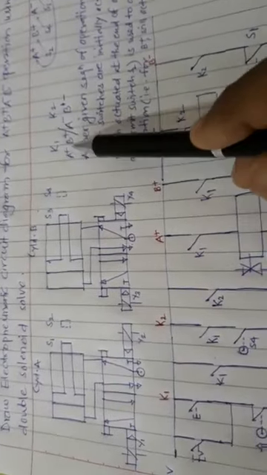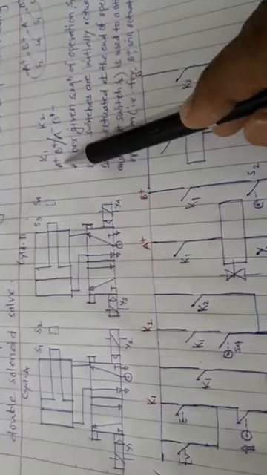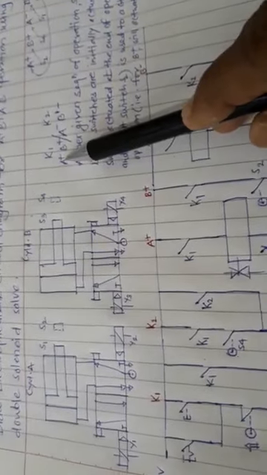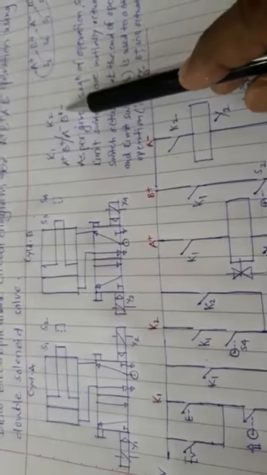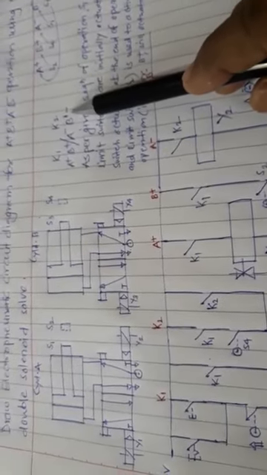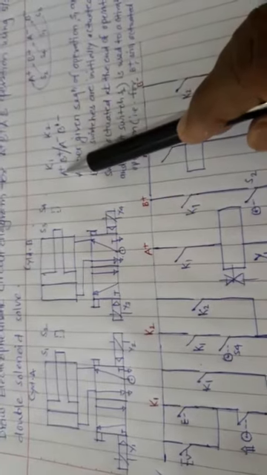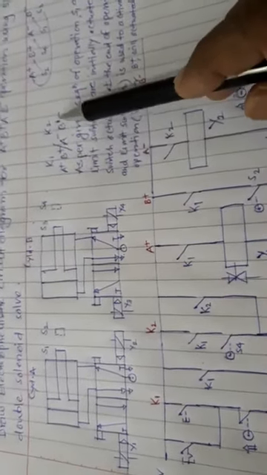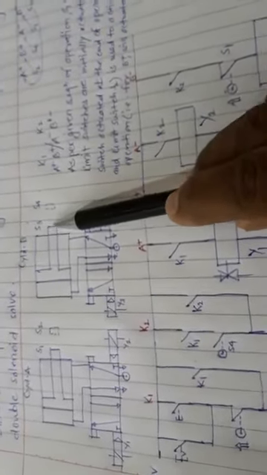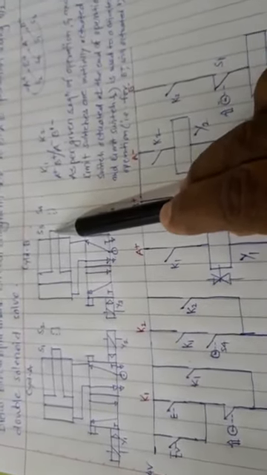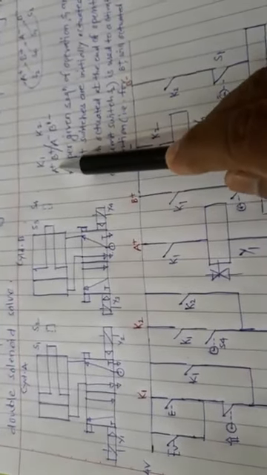So here we have A plus, B plus, A minus and B minus. For A plus operation, the last operation is the B minus operation. What happened at the end of the last operation, that is B minus operation, will help to activate the A plus operation. So here for B minus operation, the last operation, S3 is the limit switch which is actuated. So this S3 will be used for the A plus operation.